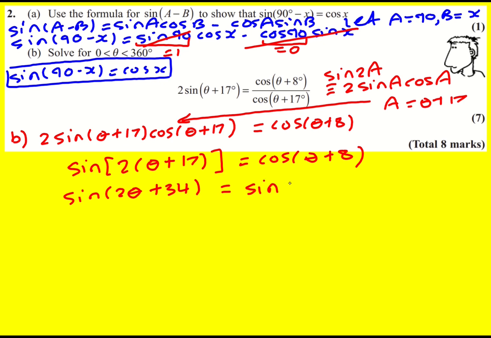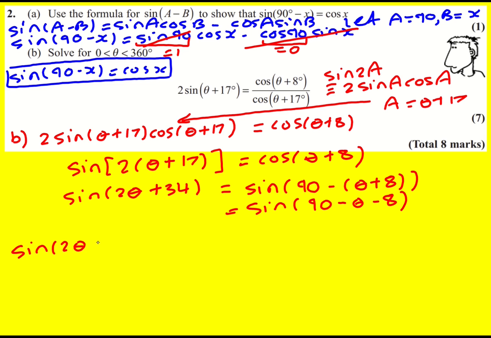This will become sine(90 minus (theta plus 8)), which equals sine of 90 minus theta minus 8, and therefore the equation becomes sine(2 theta plus 34) equals sine(82 minus theta).